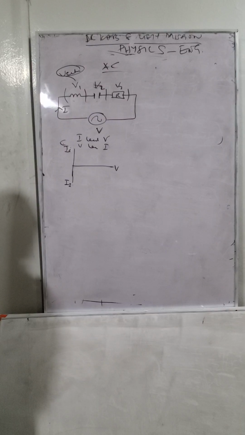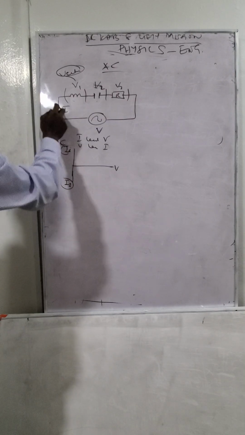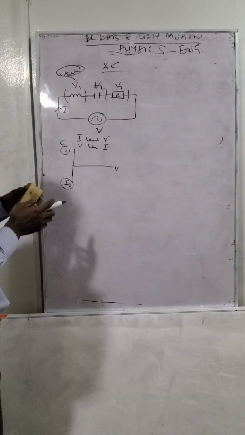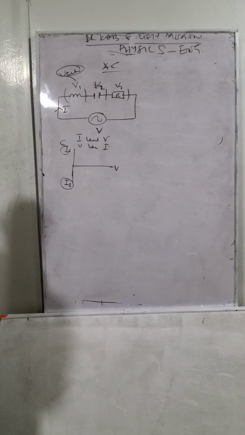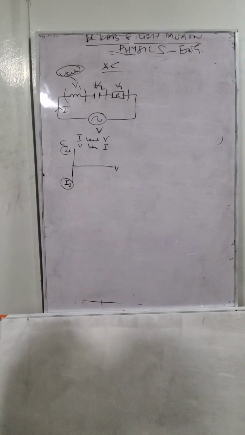We already know the current is the same for all of them, so we can forget about this approach and look at the voltage instead. Let's look at it from this angle.